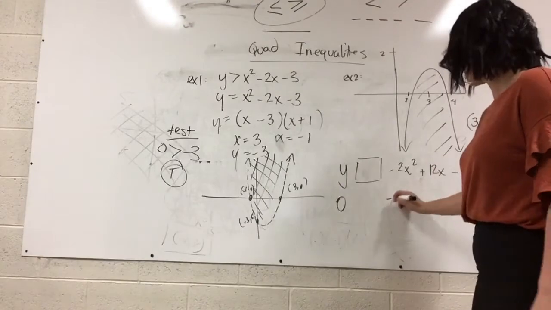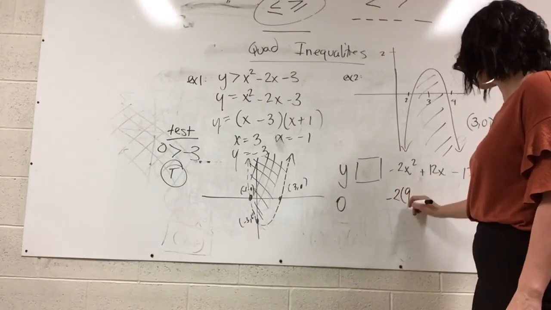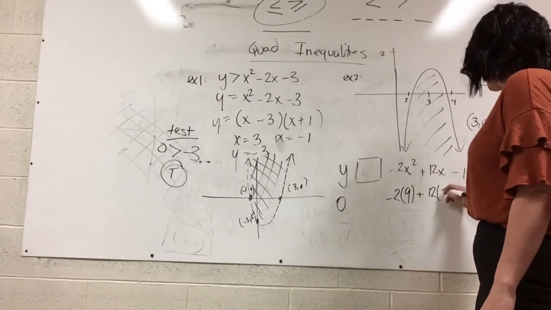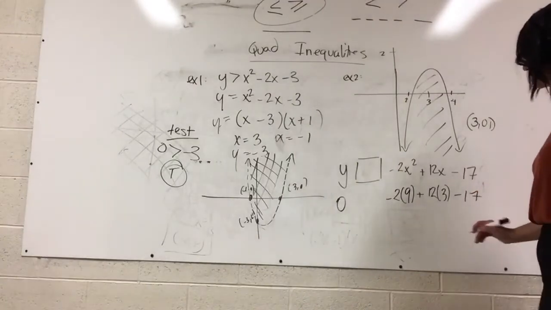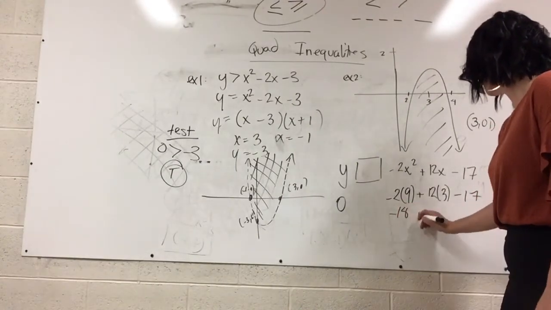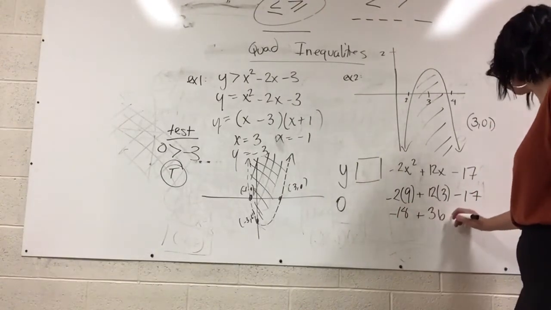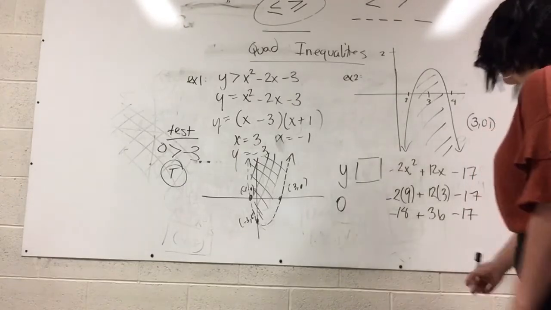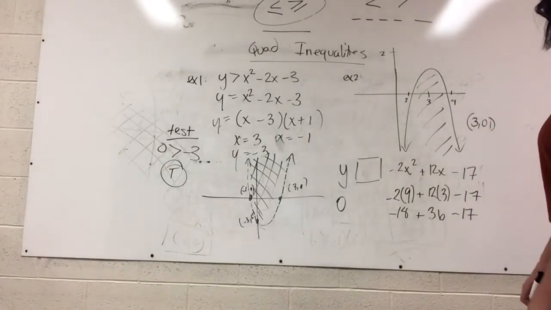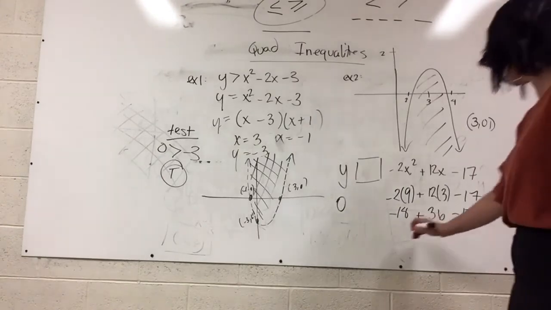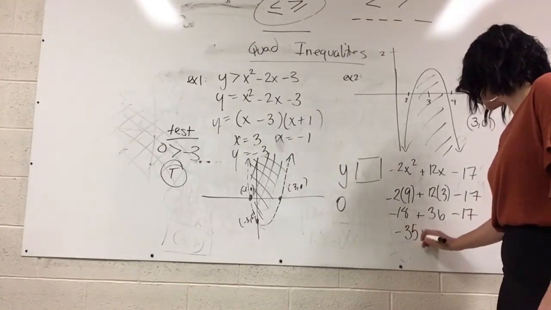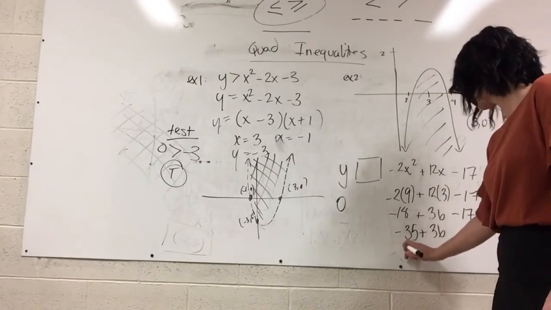I'm going to put 3 in here: minus 2 times 3 squared, which is 9, plus 12 times 3, minus 17. So minus 18, plus 36, minus 17. Minus 35, plus 36, so I end up with 1.